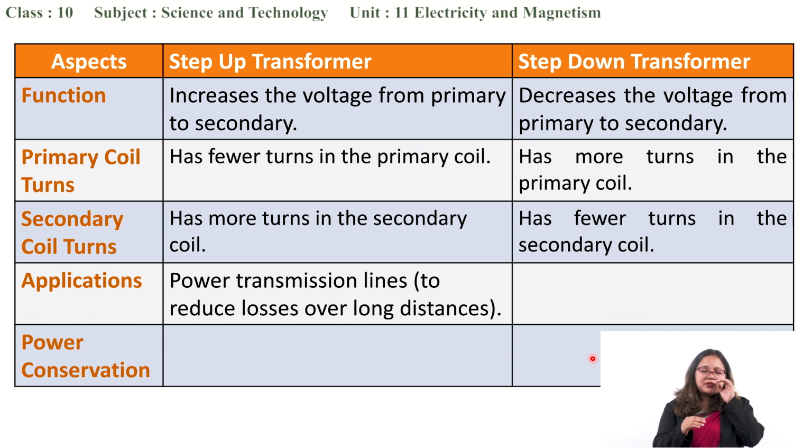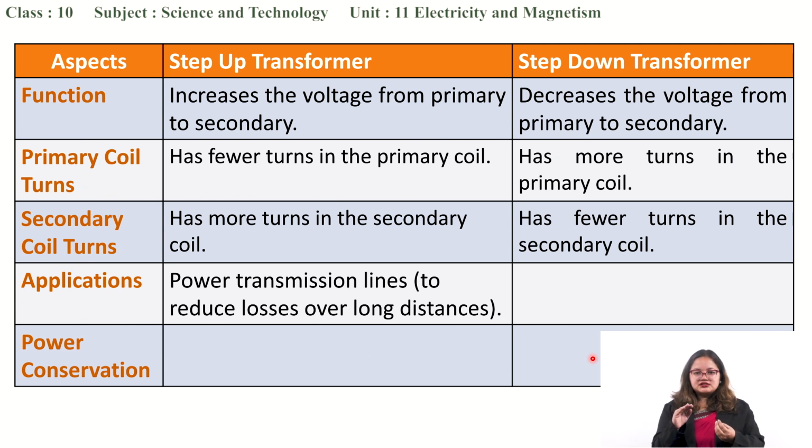So in case of power transmission, you will see step up transformers. Step up transformers are used because we need lots of voltage to distribute to lots of houses and all, right? So step up transformer increases the voltage. When the voltage is increased, since we are transmitting the power, current is decreased.